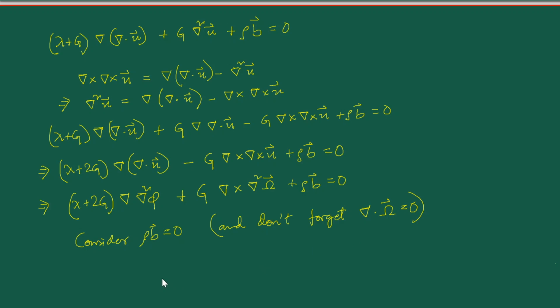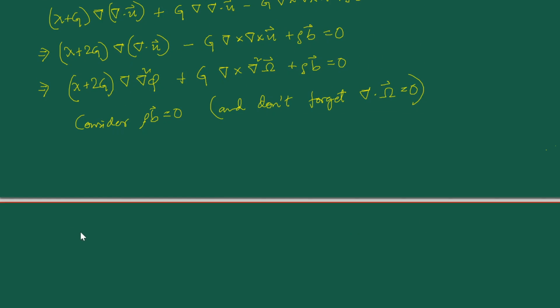So the equation that we are going to work with from now on is this: lambda plus twice g, grad of the Laplacian of phi, plus g curl of the Laplacian of omega is equal to 0.